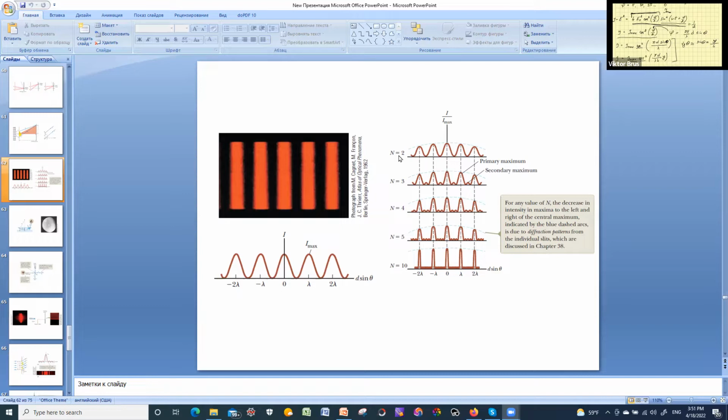And also the positions of the maxima and minima will be exactly like the position of the absolute maximum. This will be the same for all cases of two or multiple slits.